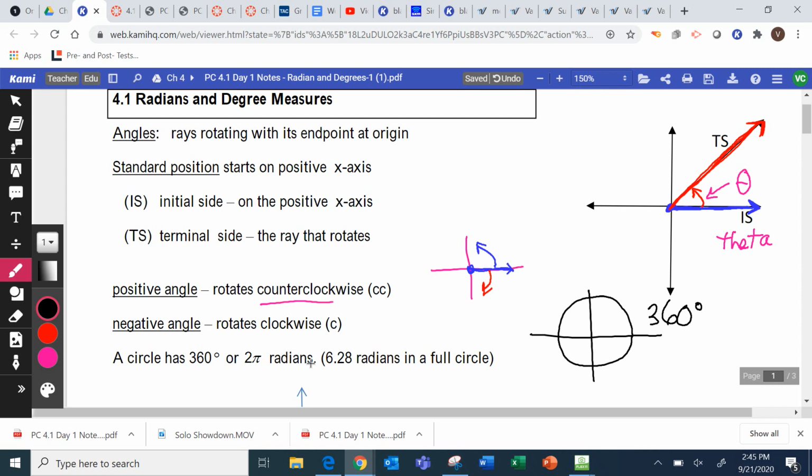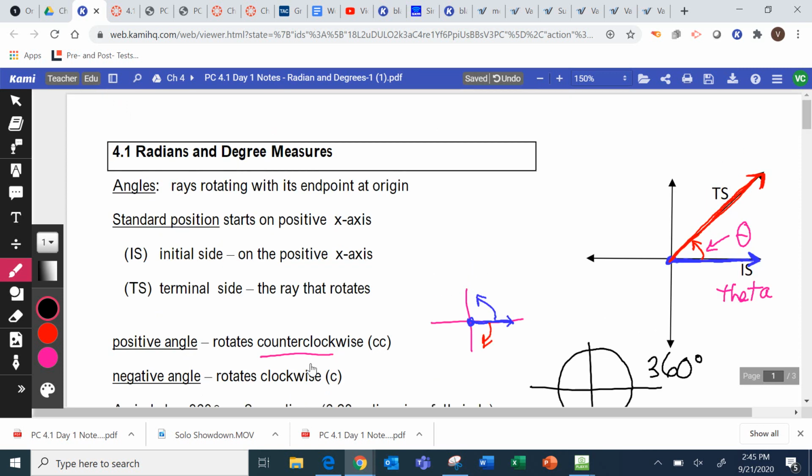Now, we are also going to talk about angles in radians. When I talk about degrees or radians, I'm going to compare that to something that might make more sense to you. If I had a ruler and I asked you how long is that ruler, a lot of you would say like 1 foot, or you would say 12 inches.